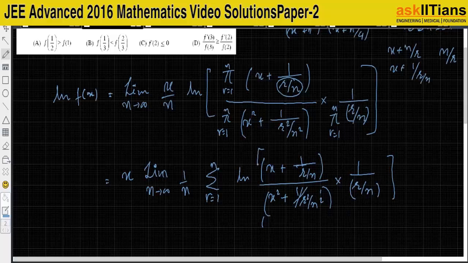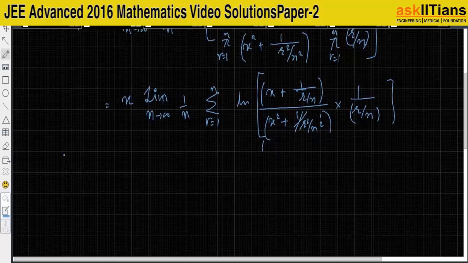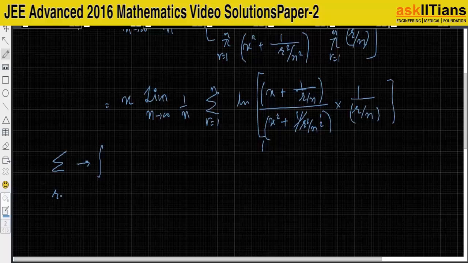Now we know whenever we are using limit of sum, what is the concept? The concept is I'll replace sigma with the integration sign. I'll replace r by n with some variable. So let me take the variable as t because x is already in use, and 1 by n I'll replace by dt, right? So this entire thing will get converted to an integration.